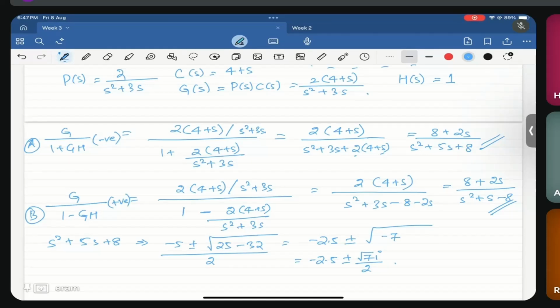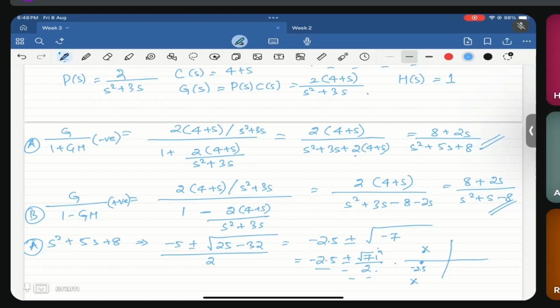So where are the poles of this system? Is it in the RHP, LHP, or on the imaginary axis? I am calculating this for negative feedback first. We have poles at minus 2.5 minus root 7i by 2 and minus 2.5 plus root 7i by 2.